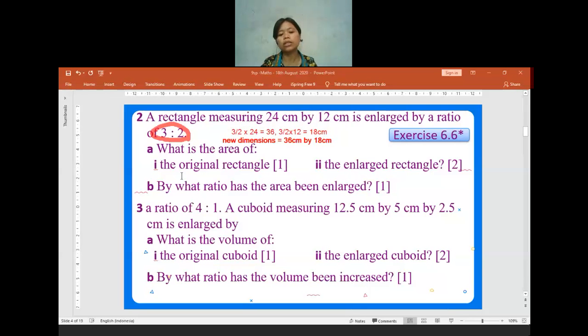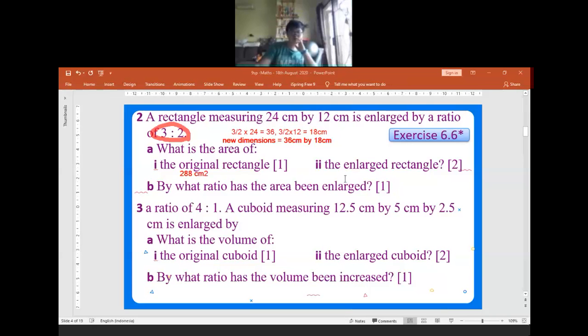So what is the area of the original rectangle? You can use a calculator or your phone to calculate because now you are at home. What is the area? 288 centimeter square? Okay. Now for the enlarged rectangle, how much will it be? 528 centimeter square?